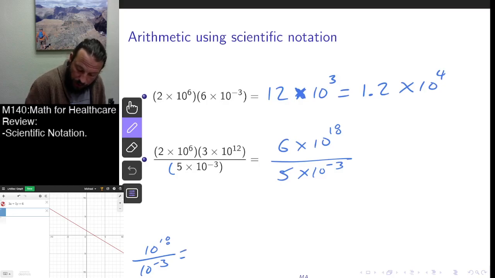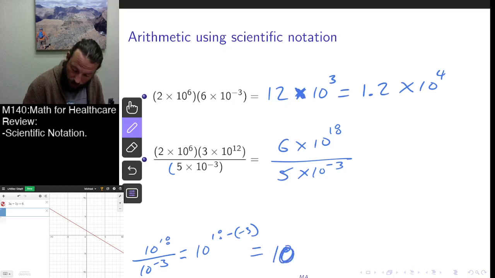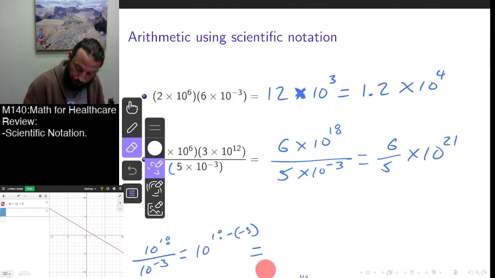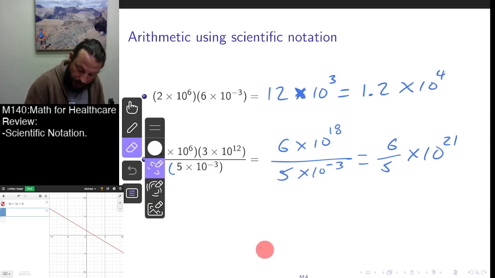Well, our formula says that's 10 to the 18th minus negative 3. And that becomes 10 to the 18 plus 3, 21. Okay, so we're going to write this as 6/5 times 10 to the 21. Good.